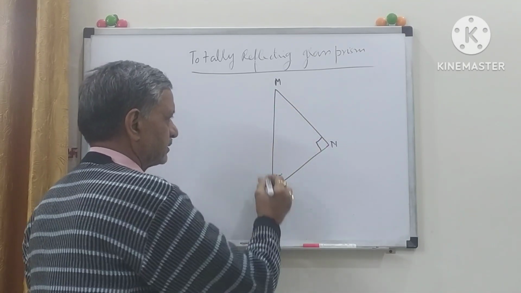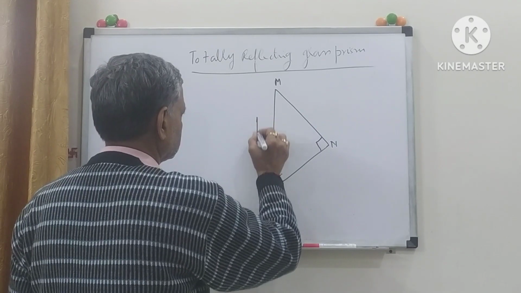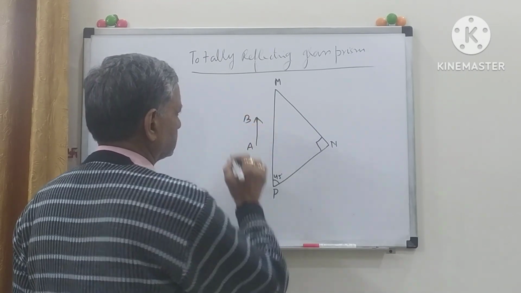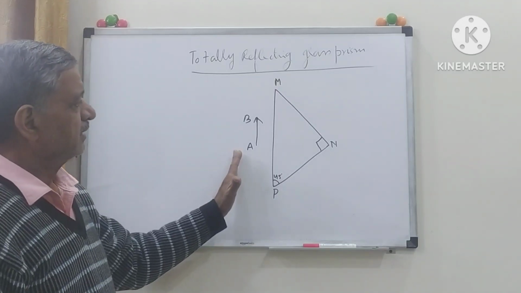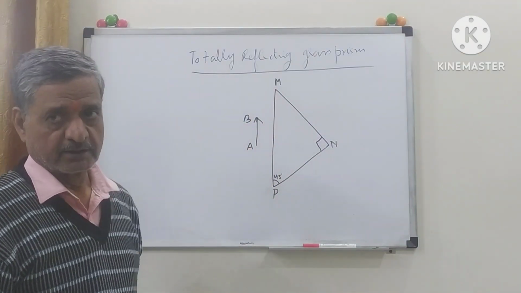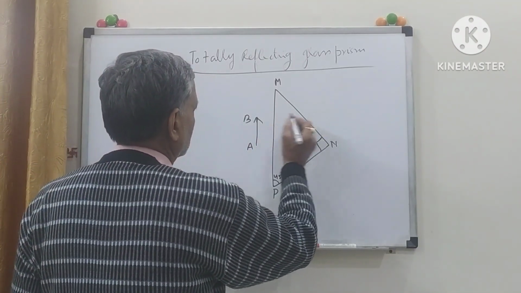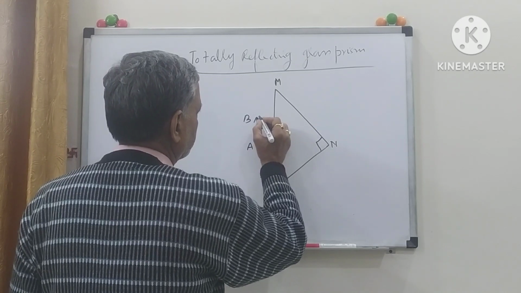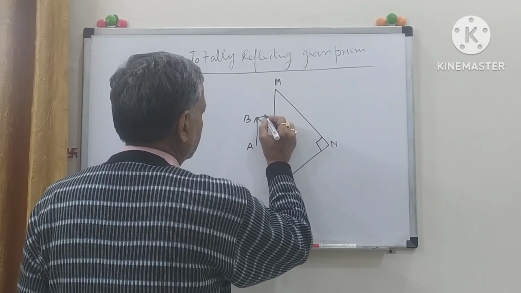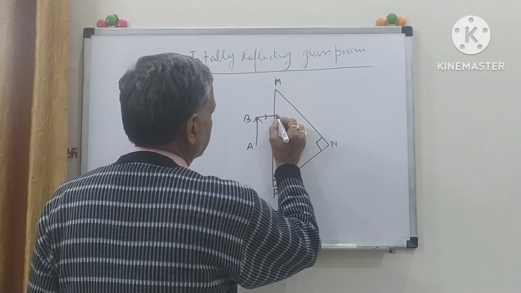In the same triangle, now say the object is here. अगर ऑब्जेक्ट इधर है, along the side of the hypotenuse, then where will be the image? How will it be observed? So by the same reasoning, आप देखो, the ray that starts from B, is normal at this face MP, so it will go straight.